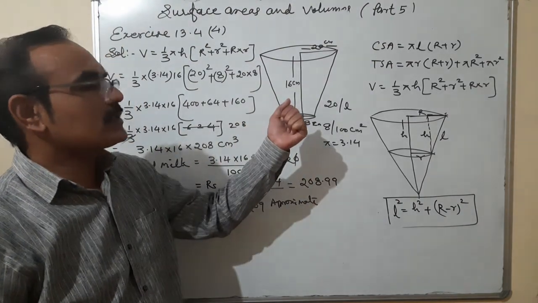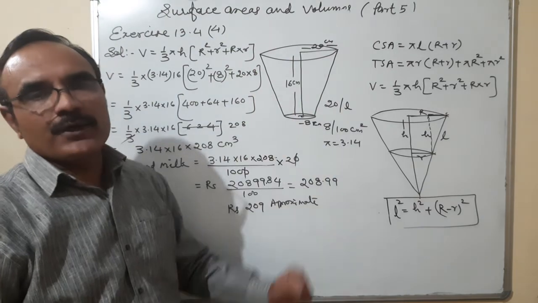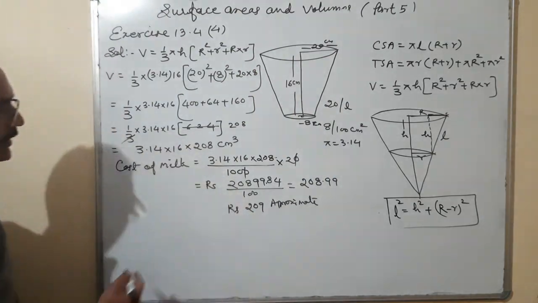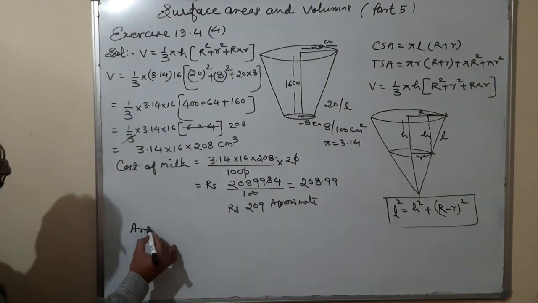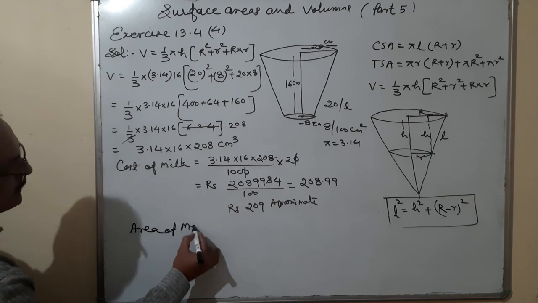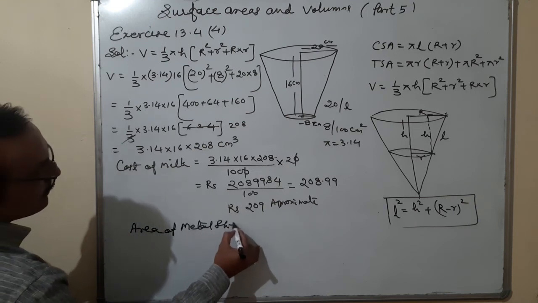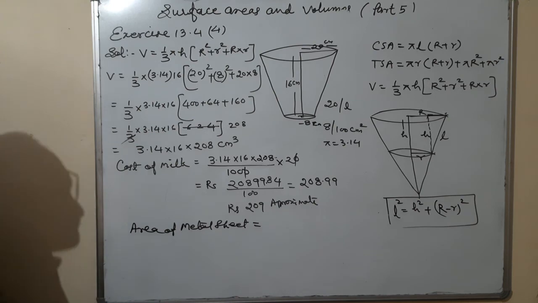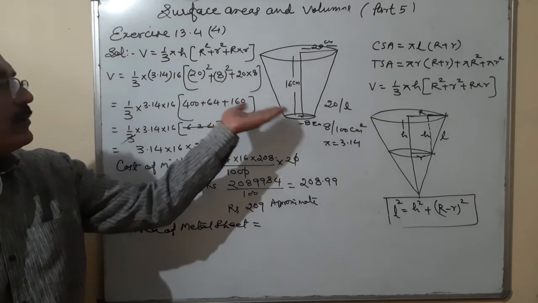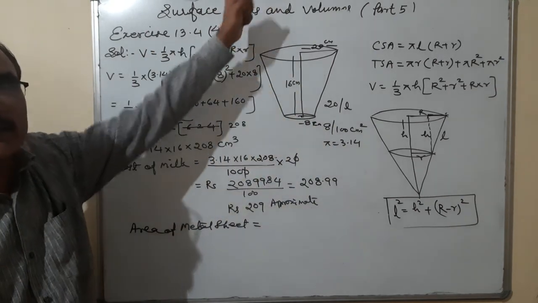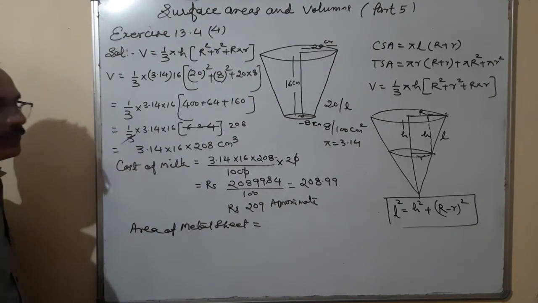So for finding the cost of metal sheet, first of all, we are going to find the area of metal sheet required for it. Area of metal sheet is equal to CSA of frustum of cone plus area of base, because it is open at the top.